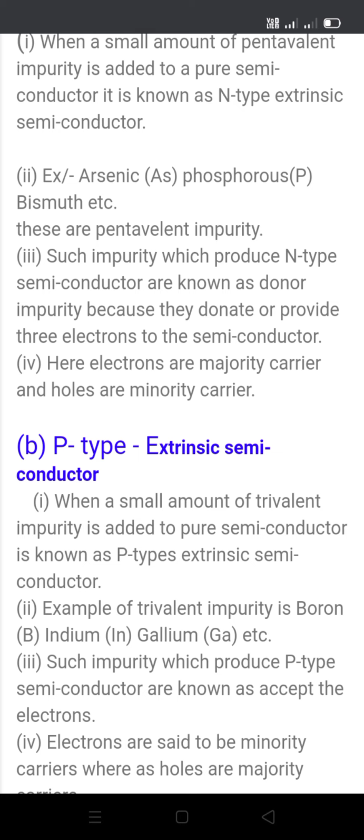Such impurities which produce N-type semiconductor are known as donor impurity because they donate or provide extra electrons to the semiconductor. Here electrons are majority carriers and holes are minority carriers.